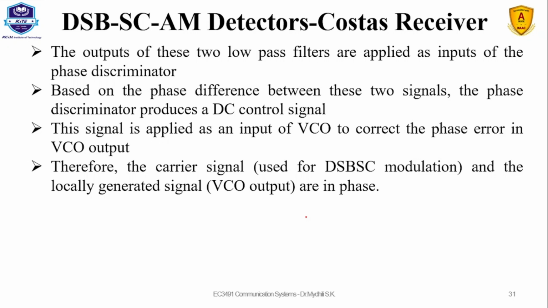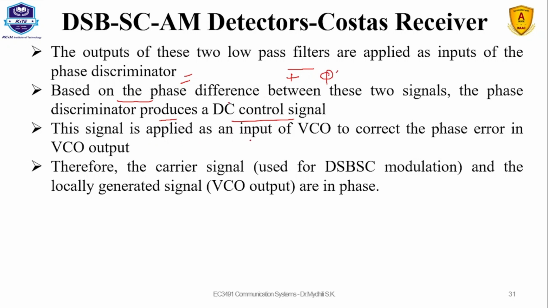Costas loop receiver. These two low pass filter outputs are applied as the input to the phase discriminator. Based on the phase difference between these two signals, the phase discriminator produces a DC control output, positive or negative, based on the phase shift happening here.